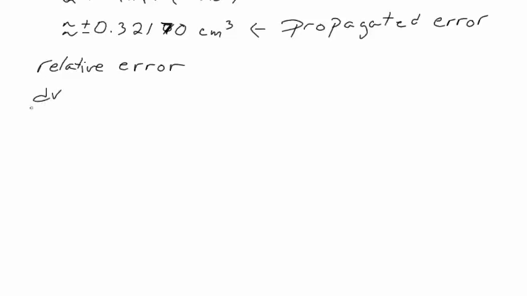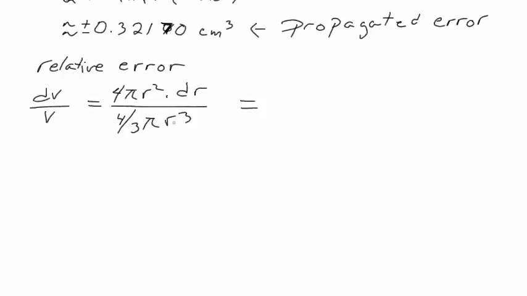It's just dv over v, which is equal to the dv, 4 pi r squared dr, and then down here is just the volume, 4/3 pi r cubed, which all reduces down to 3 times dr over r. So that simplifies down to all that stuff right there.